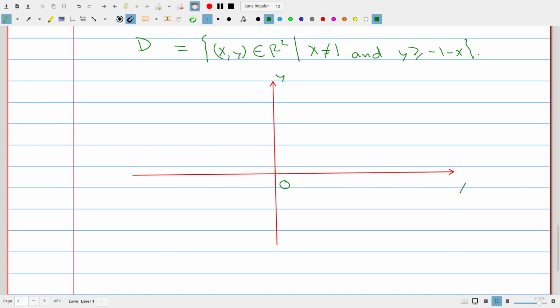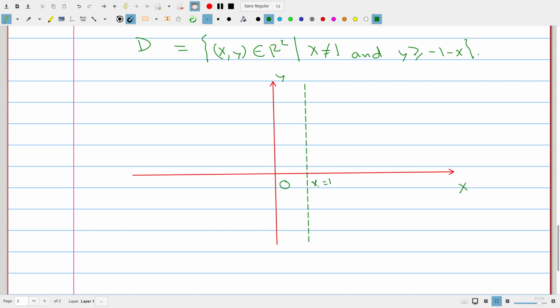So x equals 1 must be excluded from the domain. Let's indicate that by a dashed line. This is the line x equals 1.